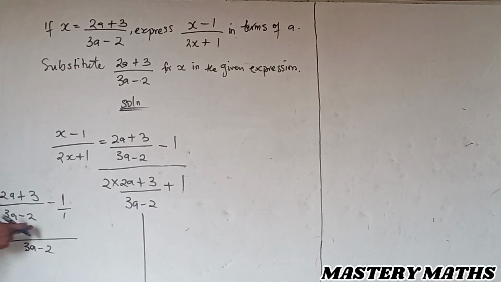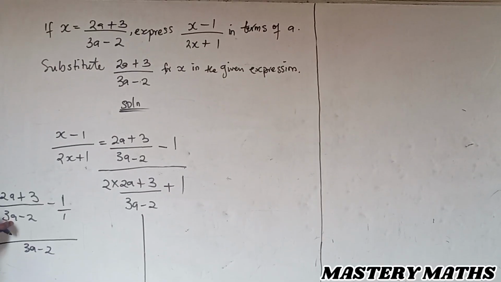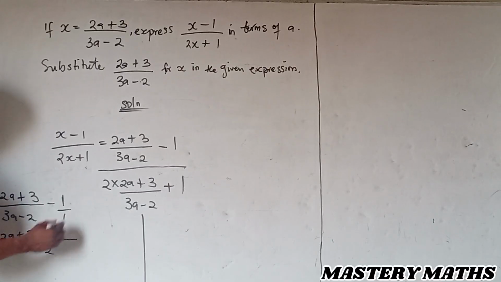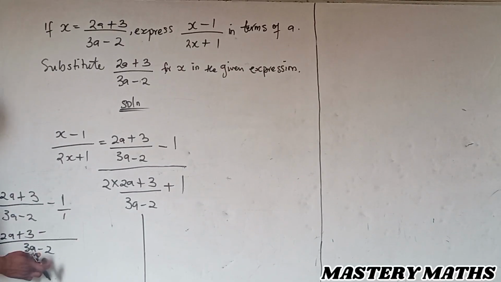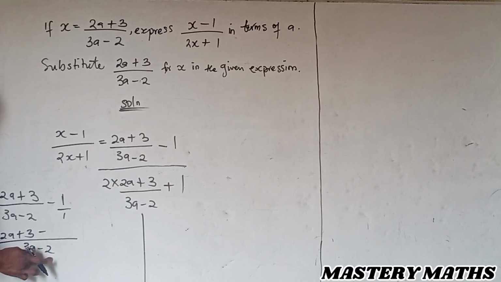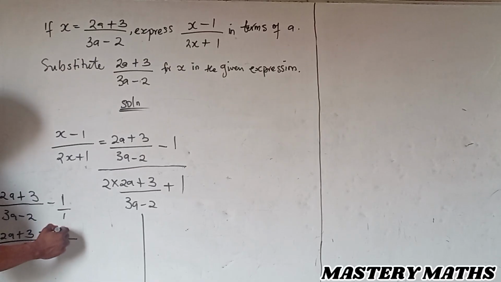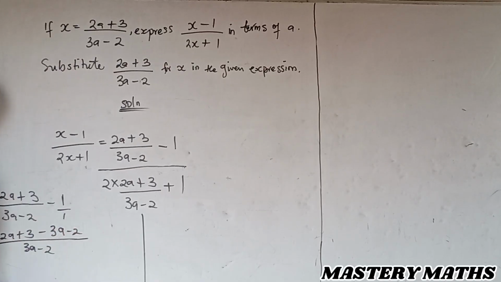When 3a − 2 goes into 3a − 2, it cancels out and remains 1. Now 1 times 2a + 3 will give us 2a + 3. We'll put our minus there. When 3a − 2 goes into 1, it gives you 3a − 2, times 1 will also give you the same 3a − 2.